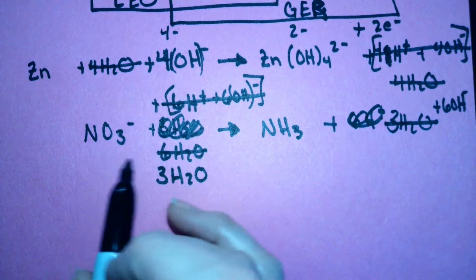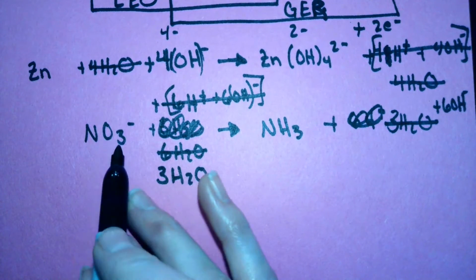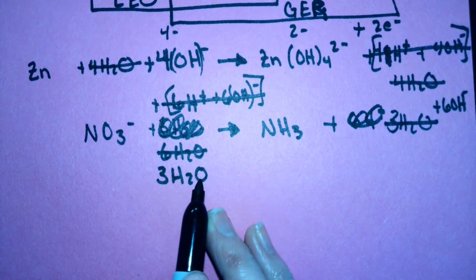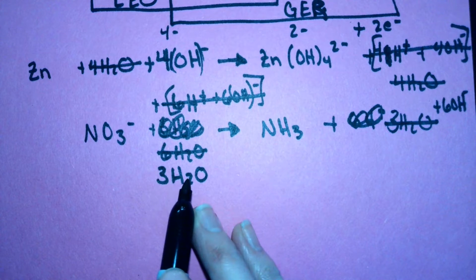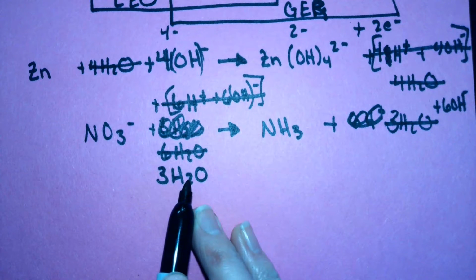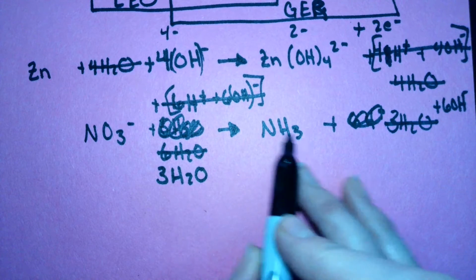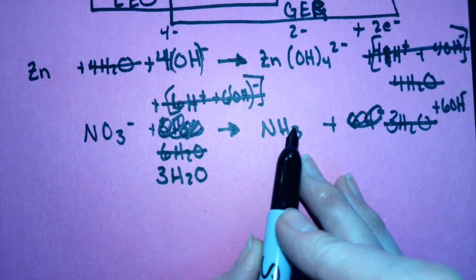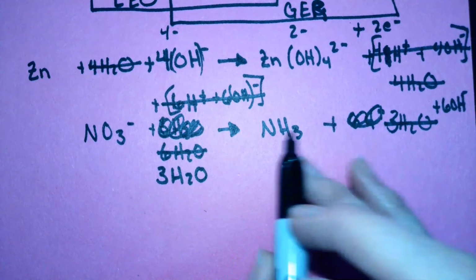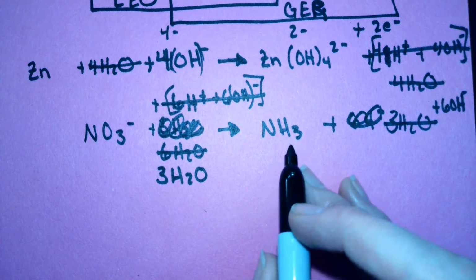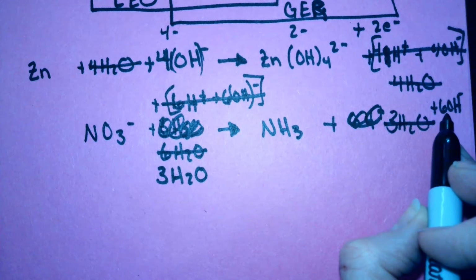Now let's double check that my atoms are balanced. I have 6 oxygens, 6 oxygens. Hydrogens, I have 6. Ooh, shoot, I did the thing here where I didn't pay attention to that. So it should have been NH3. I should have added a 9.